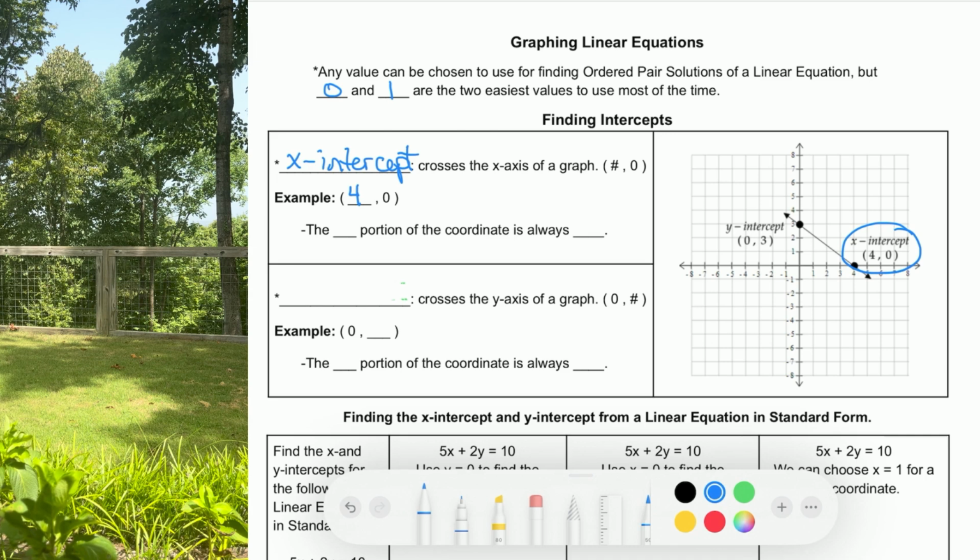We went this direction 4, but we didn't go up or down. So our y is 0. The y portion of the coordinate is always 0 when we're talking about the x-intercept. It's where it crosses the x-axis. The next one is the y-intercept.